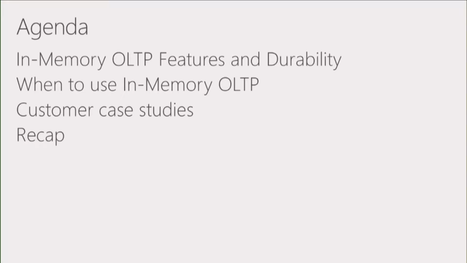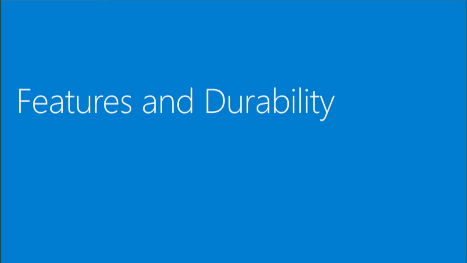The second bucket is a list of application patterns and actual customer case studies where this technology has been applied successfully. So you can look at those and see, hey, this pattern looks pretty similar to what my application is trying to do, so maybe I should be thinking about using this technology. That's the goal. So let's jump into it.